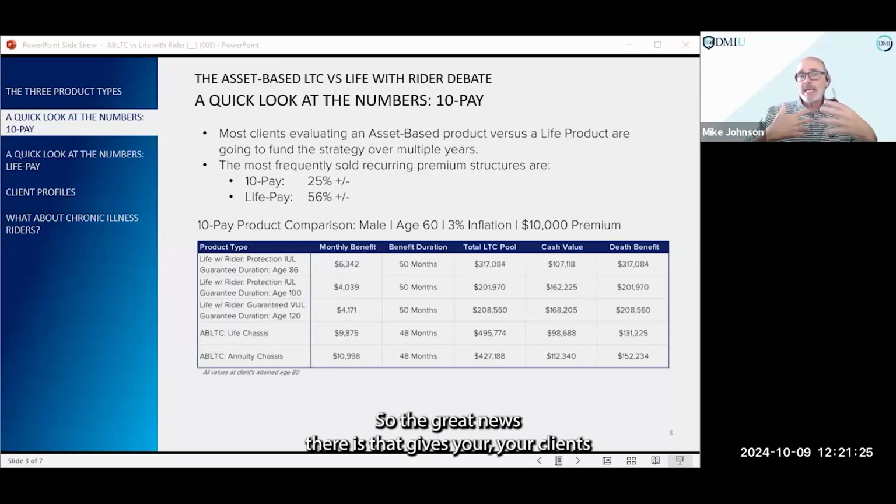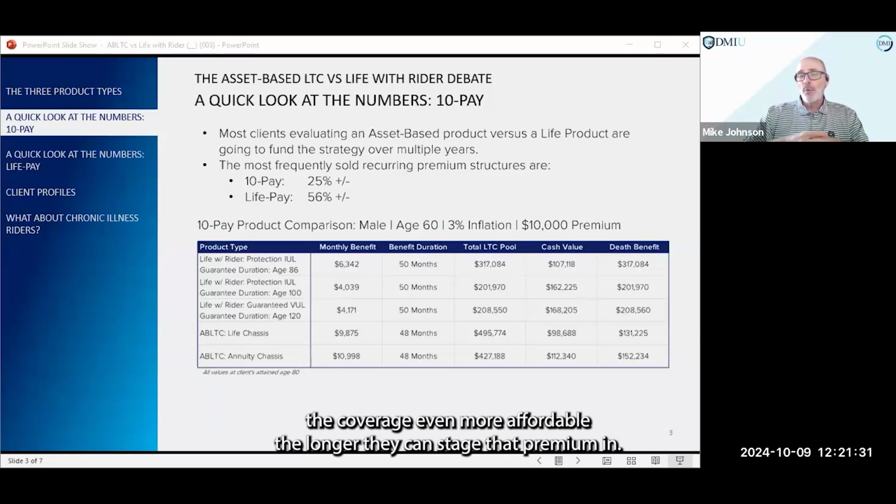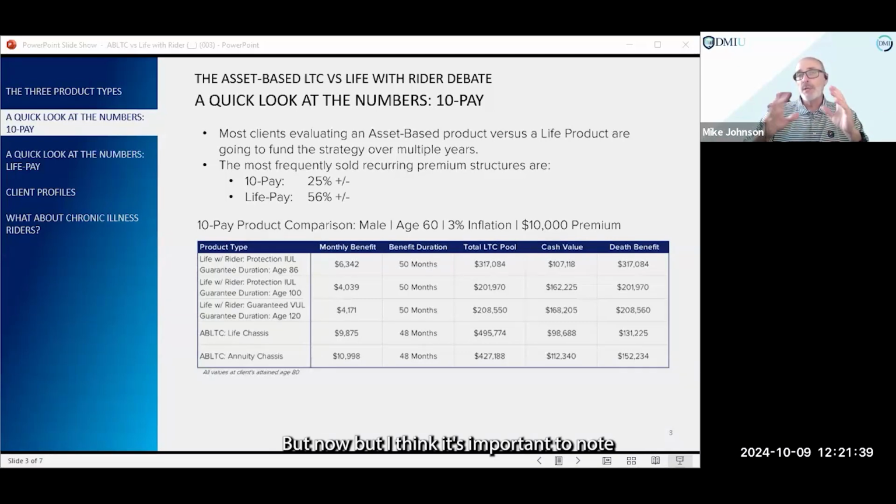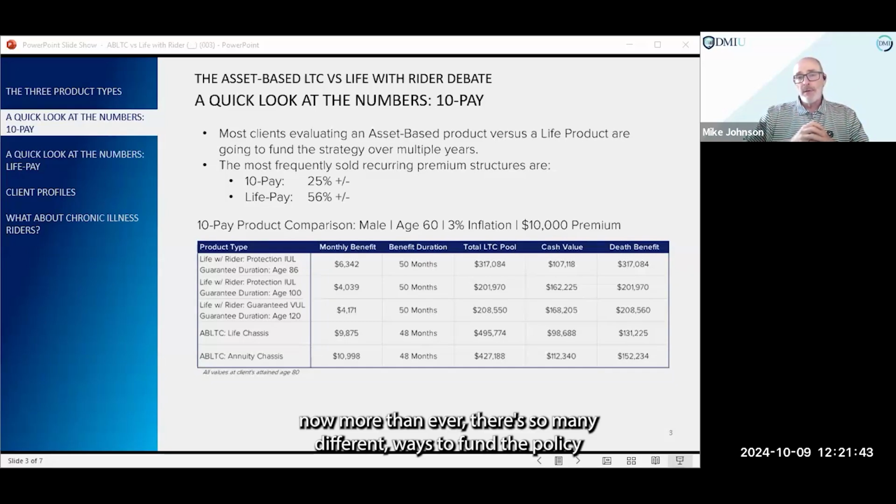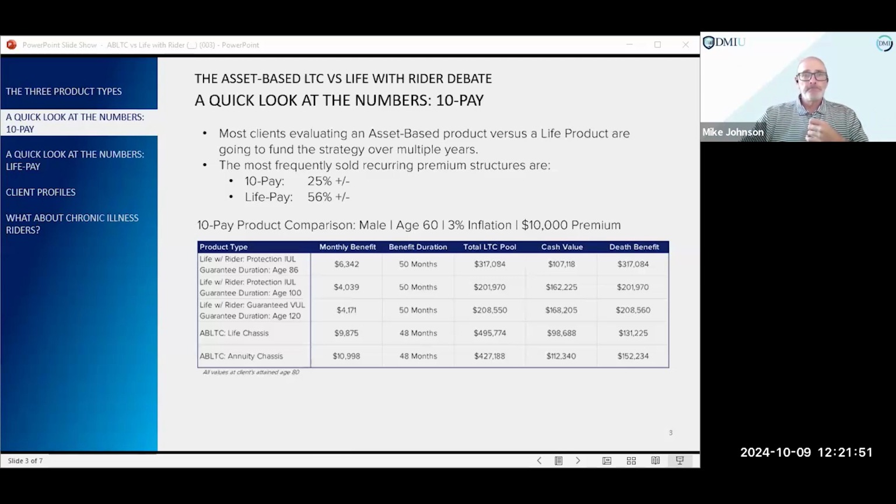So the great news there is that it gives your clients a lot of flexibility and optionality, and it can make the coverage even more affordable the longer they can stage that premium in. It's a perfect segue into this next slide that we have to share with you. But I think it's important to note now more than ever, there are so many different ways to fund the policy with various recurring premium designs that can be an ideal fit across the board for your clients.